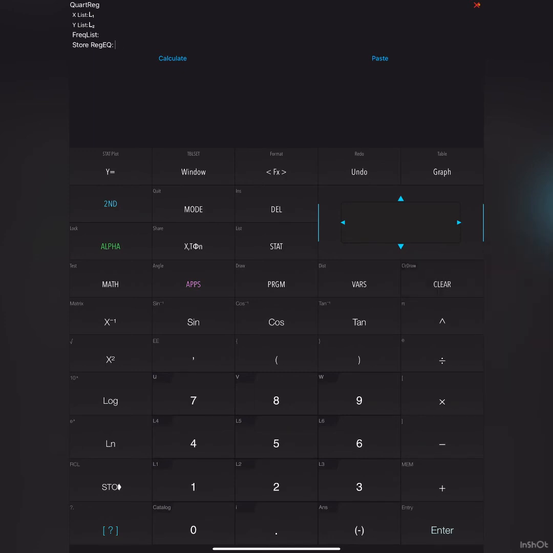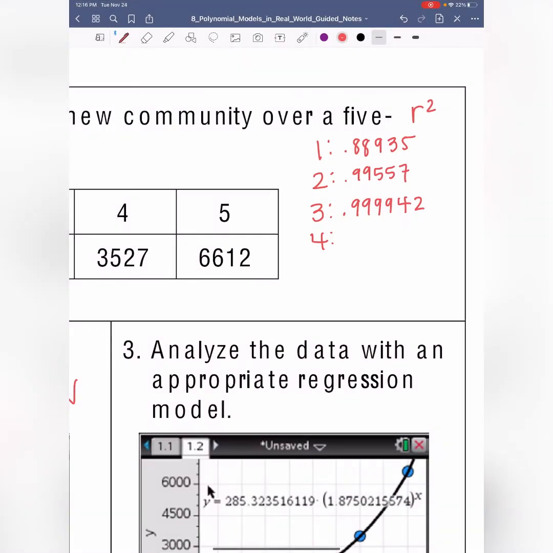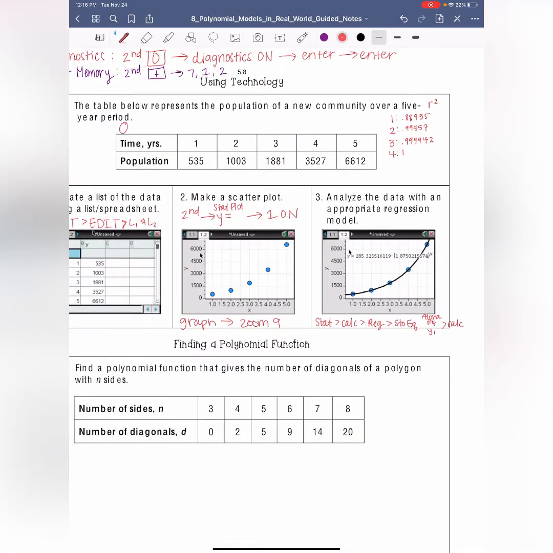So let me clear that, and we're going to calculate. Okay, this r squared is 1. If it has a value of 1, that means it's perfect. It goes through all of those points. So it's the best model by far. So the best model for this particular question is a quartic.